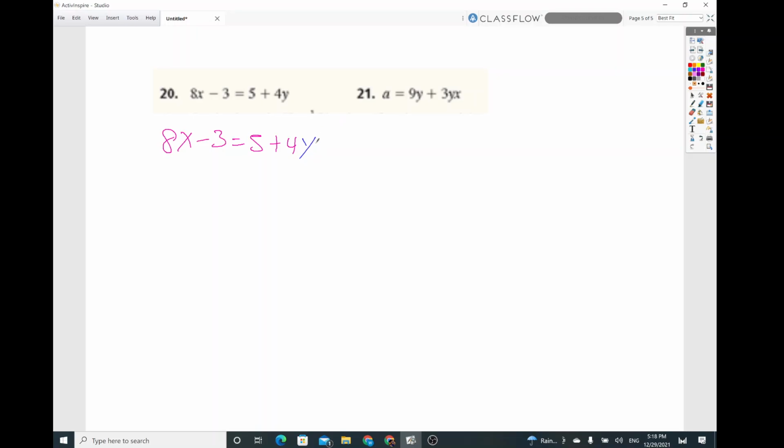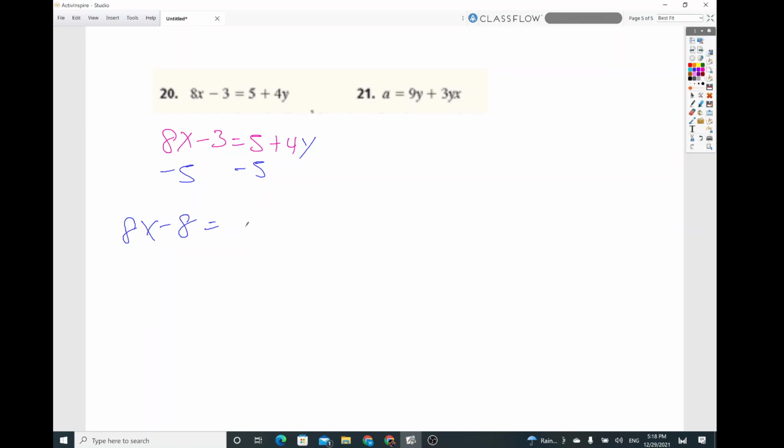In order to isolate that y here, I need to get rid of that 5 and also get rid of that 4. So 5 is addition, so we start with the inverse operation, subtract 5 both sides. So now we got ax minus 3 minus 5. Negative 3 minus 5 would be negative 8. So it's ax minus 8.